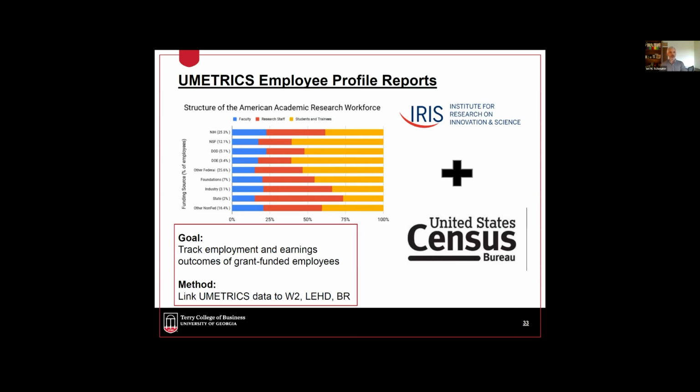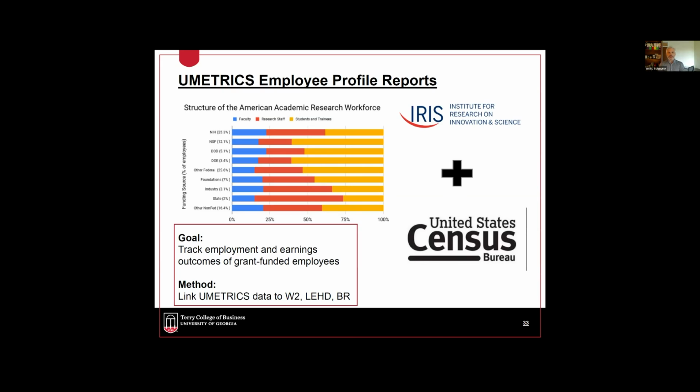This particular data product is something called an employee profile report. The idea is to report back to university partners information about the employment outcomes for individuals who were funded on grants who attended those institutions.